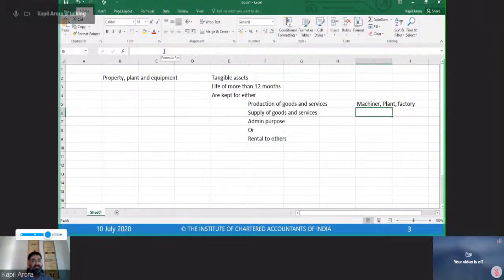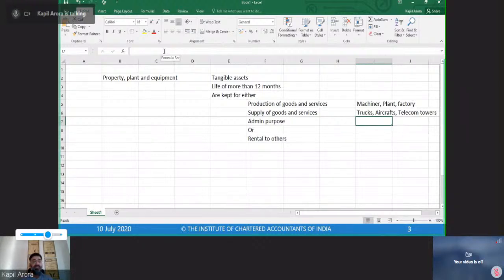Supply of goods and services could be my trucks, aircrafts, which provide services, or telecom towers, because they also supply services to the customer.